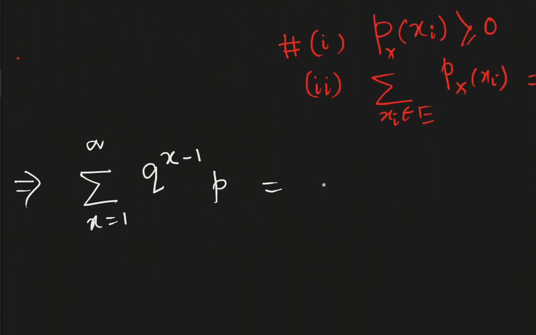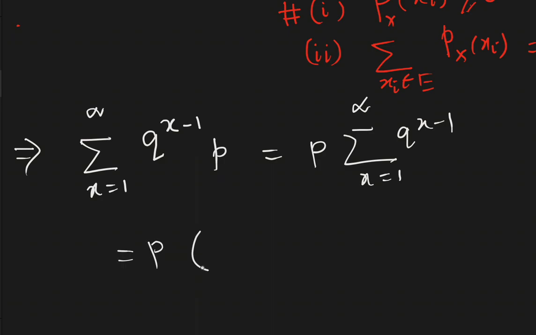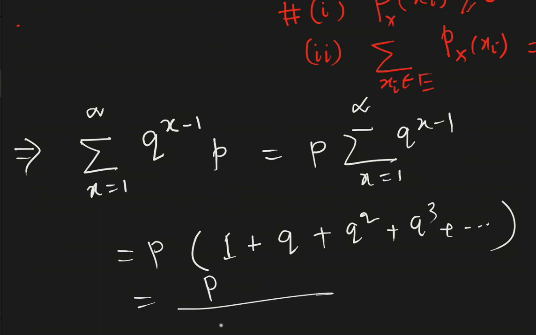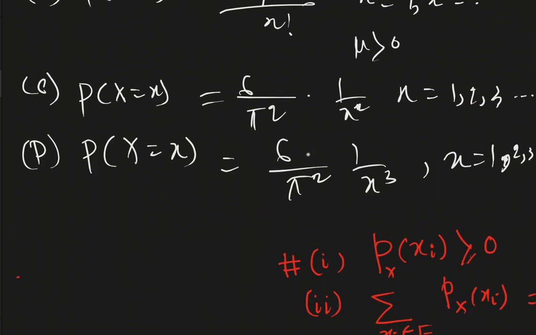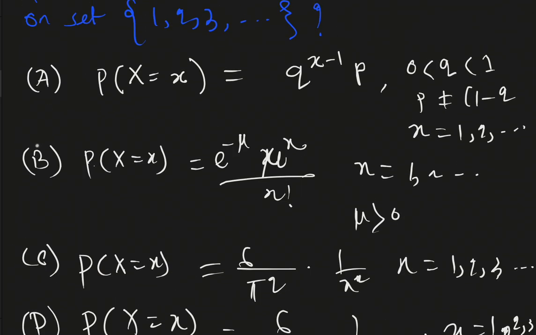If you calculate it, p times the summation of q to the power x minus 1 is p times 1 plus q plus q square plus and so on, which is nothing but 1 by 1 minus q. So this is p by 1 minus q, which is not equal to 1. So the second condition is not satisfied, so this is not a mass function.